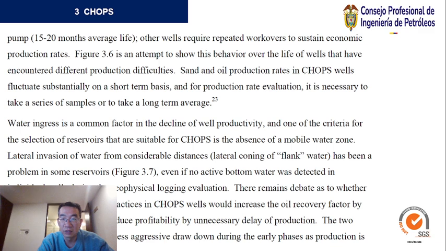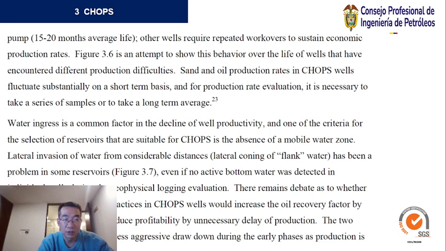There remains debate as to whether more moderate production practice in CHOPS wells would increase the oil recovery factor by delaying lateral coning, or reduce profitability through unnecessary delay of production.